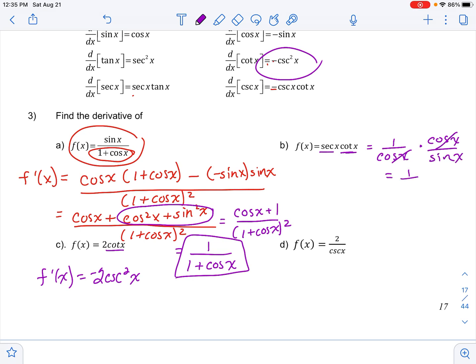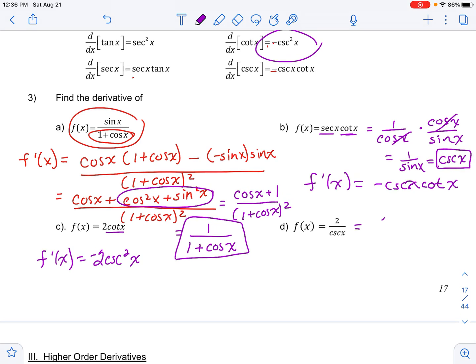So really, this is 1 over sine, which is the same as cosecant. So if you do this first, it's just asking me for the derivative of cosecant, and the derivative of cosecant is negative cosecant cotangent. Now, if you did the product rule, you would get the same answer. You would just have to do a little bit of simplifying.